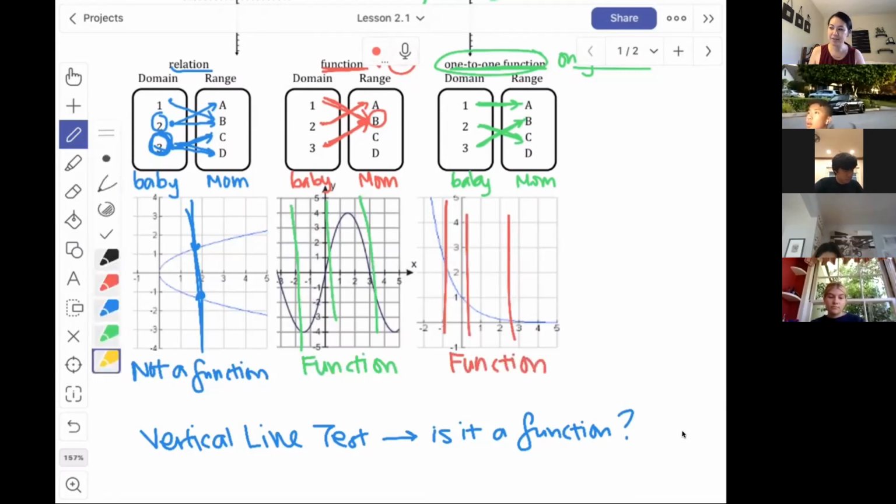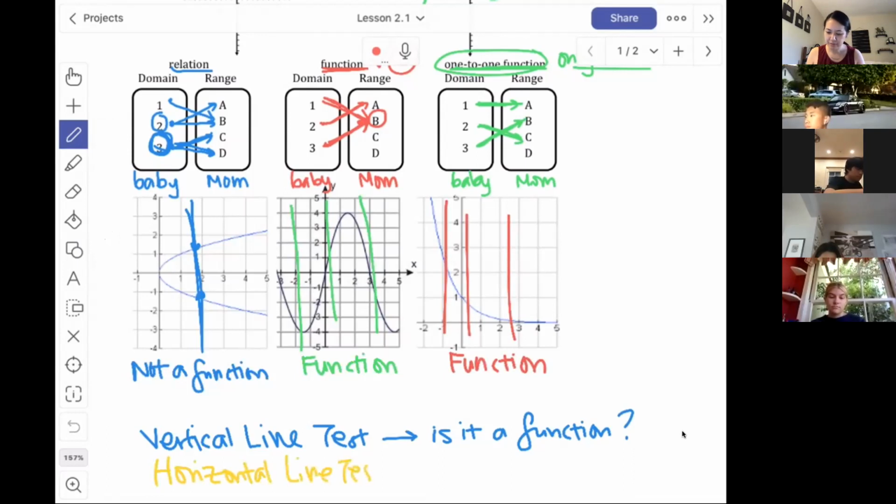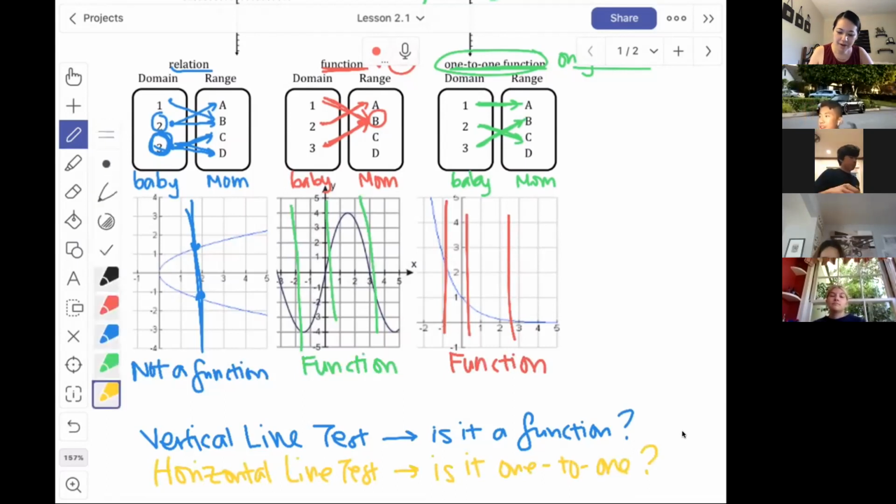Now, to test if it's one-to-one, you do a horizontal line test. Here's the thing: if it's already not a function, you don't have to do the horizontal line test on it, because it's not even a function, so it can't be one-to-one.